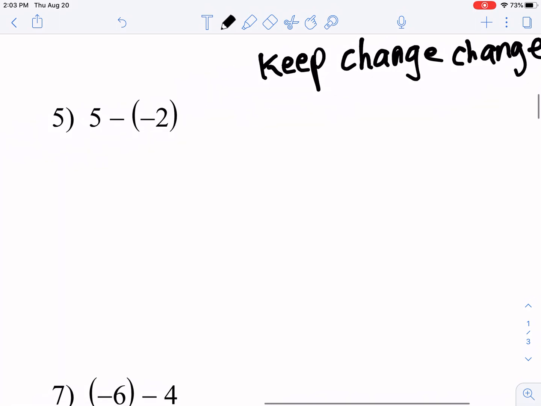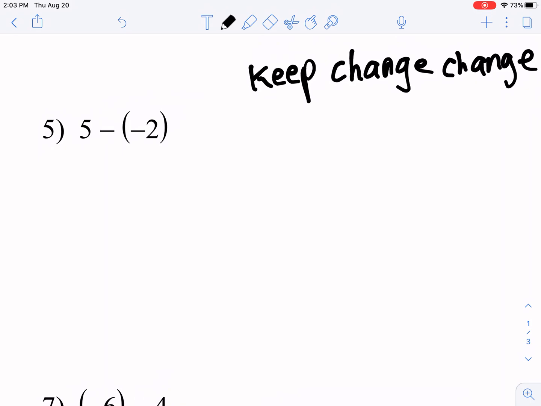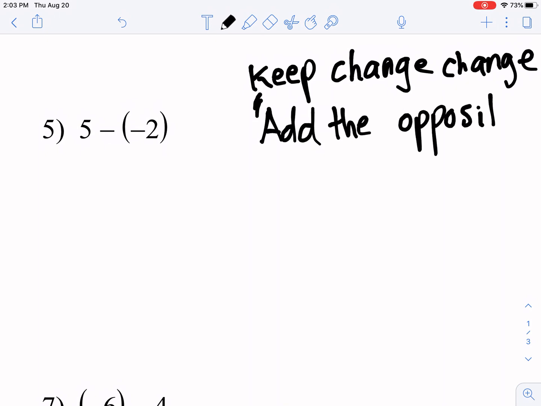And what that means is we keep the sign of the first, change the minus sign into a plus sign, and change the negative into a positive. Keep, change, change. Or another way to think of it is add the opposite. Same idea. We're going to add the opposite of a negative, which would be a positive.